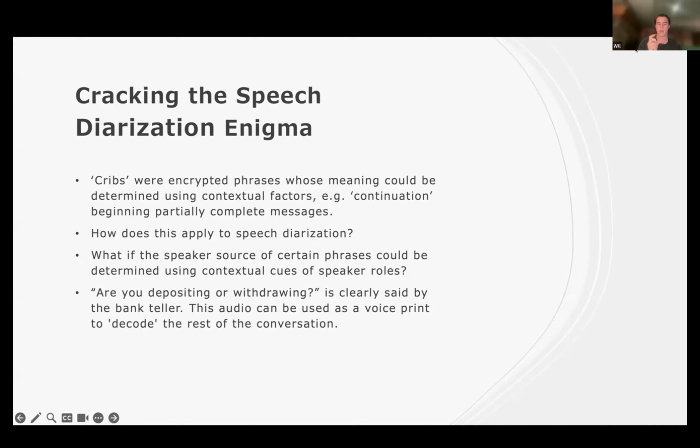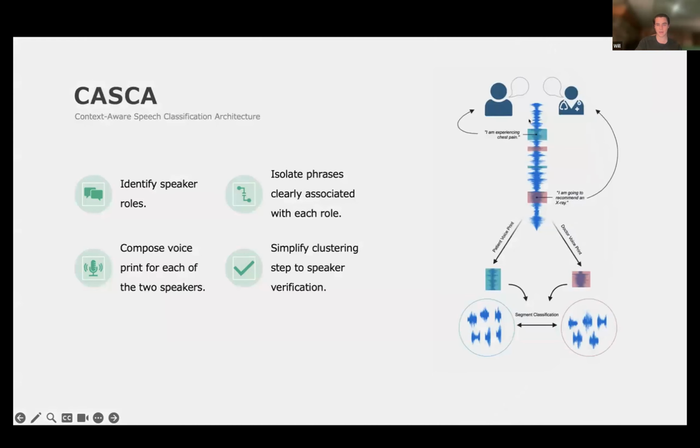Perhaps you could use that mapping of that speech and the acoustic characteristics of that speech to connect that sort of voice print to the speaker, and then use that voice print to decode, in a sense, the rest of the conversation. That is, assign the spoken audio to the speaker source in the conversation. That's what we tried to do with Casca.